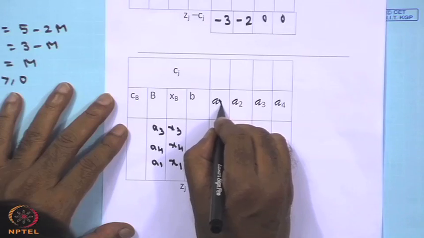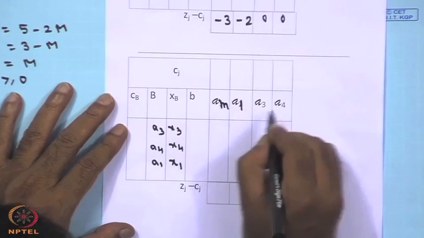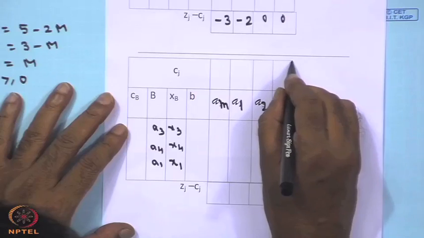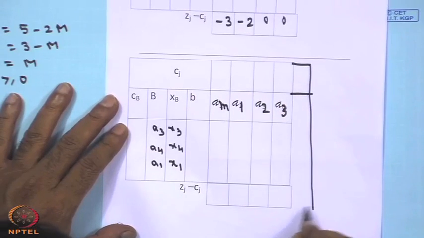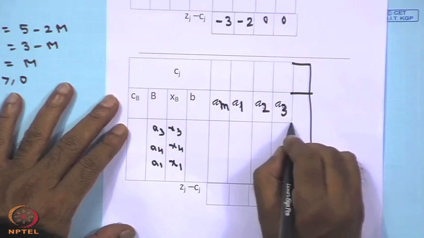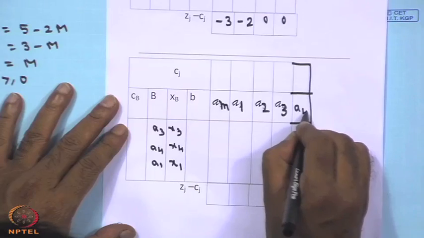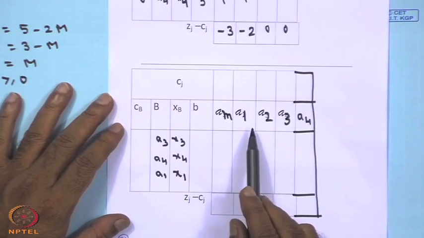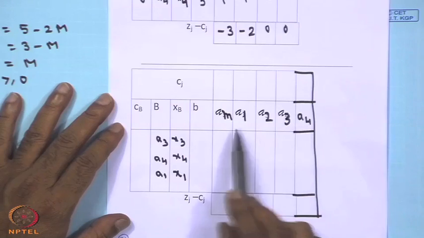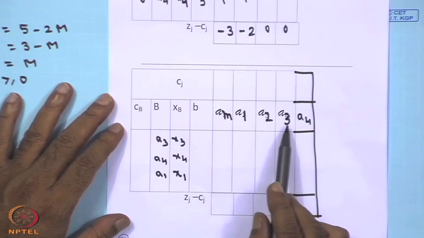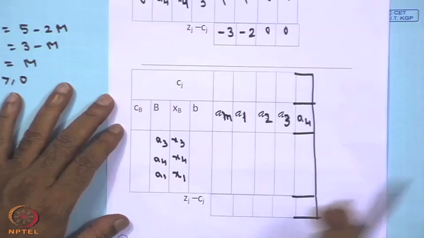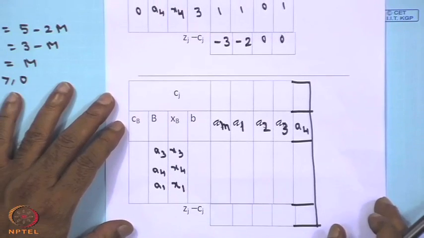This should be Am, this will be A1, A2, A3 and one more column will come over here, this will be A4, because now you are having x1, x2 decision variables, and A3, A4 and xm, these are the artificial slack variables.